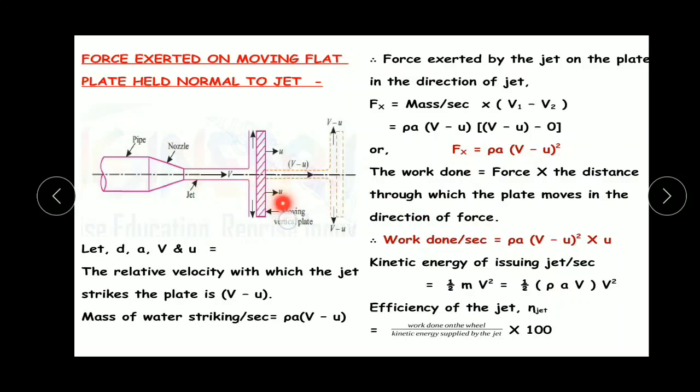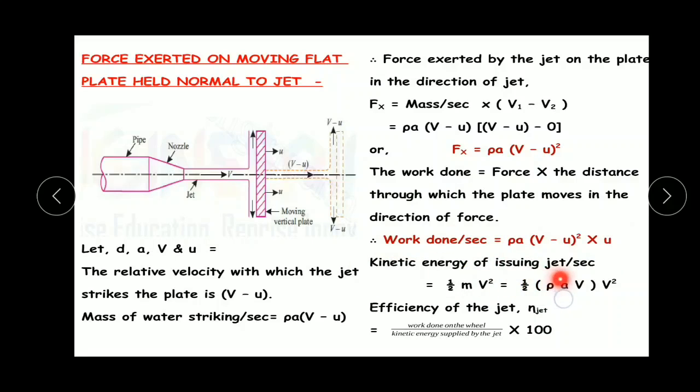So work done per second equals the force Fx into the displacement of the plate per second, that is the velocity of the plate, u. So the work done per second equals rho A (V minus u) squared into u. Work done per second is also known as the power of the jet.